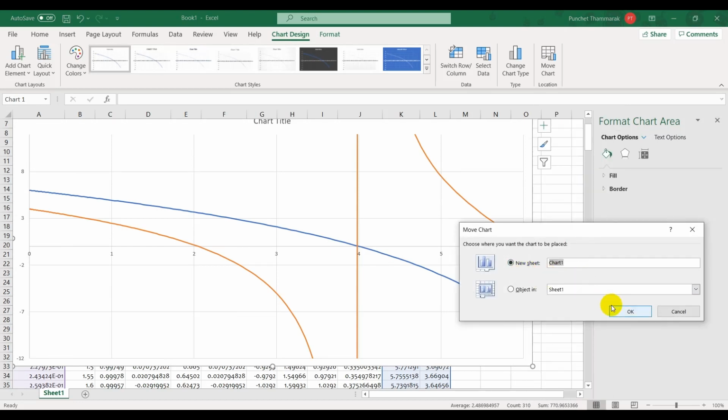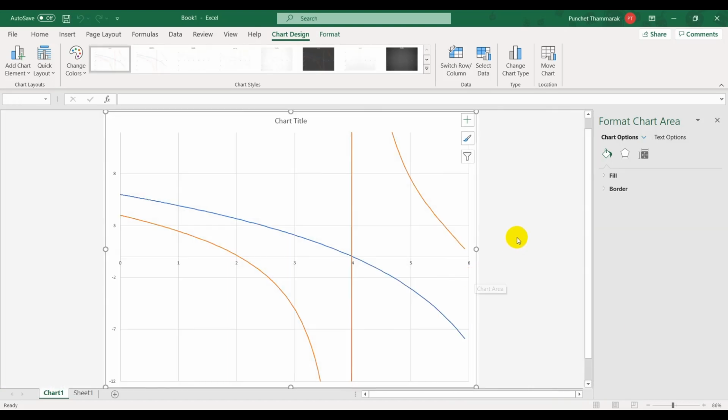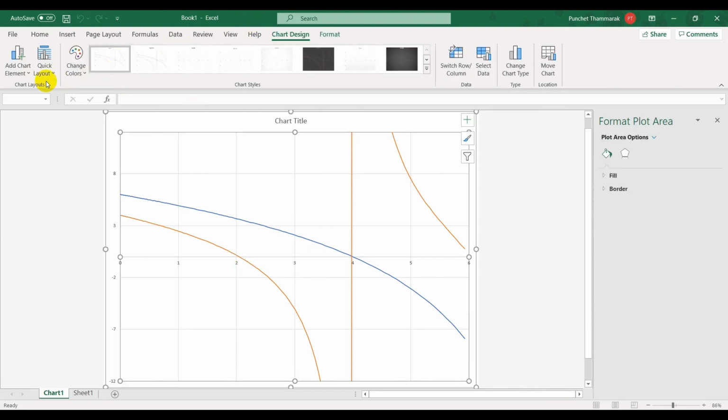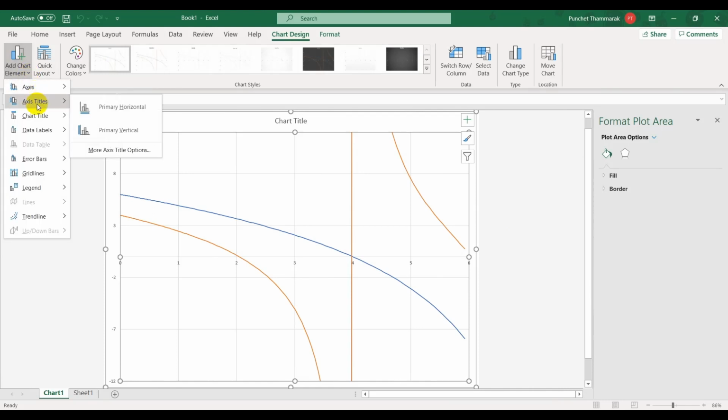Yeah, new sheet. Okay, right. You put it in here. If you want, you can add the elements like the axis, primary, well, primary grid line.